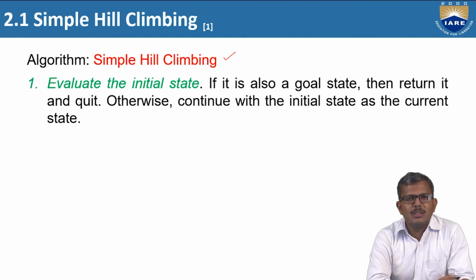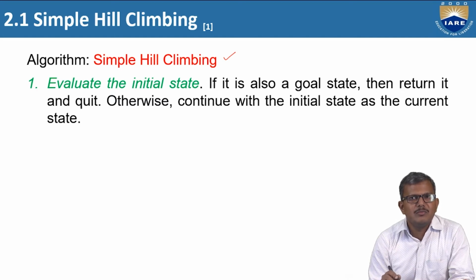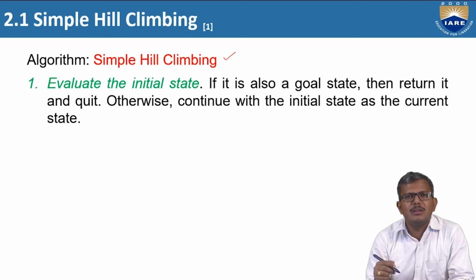In step number 1, we evaluate the initial state and make a comparison. Remember, in this search process, whenever you change your position from one node to another node, you have to keep on comparing your state with the goal state. Why?